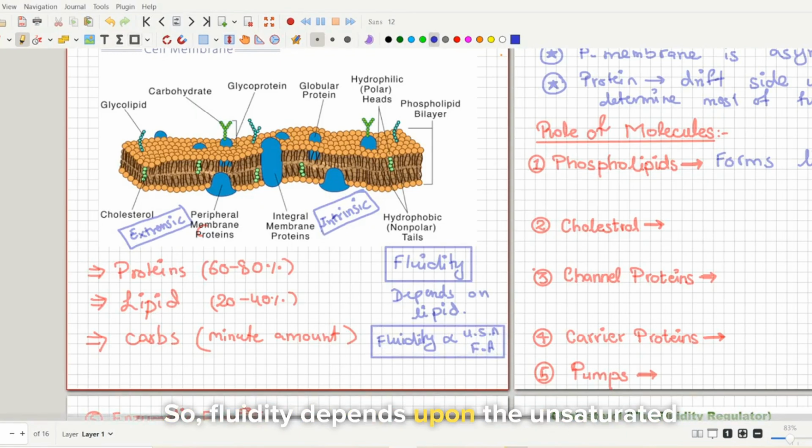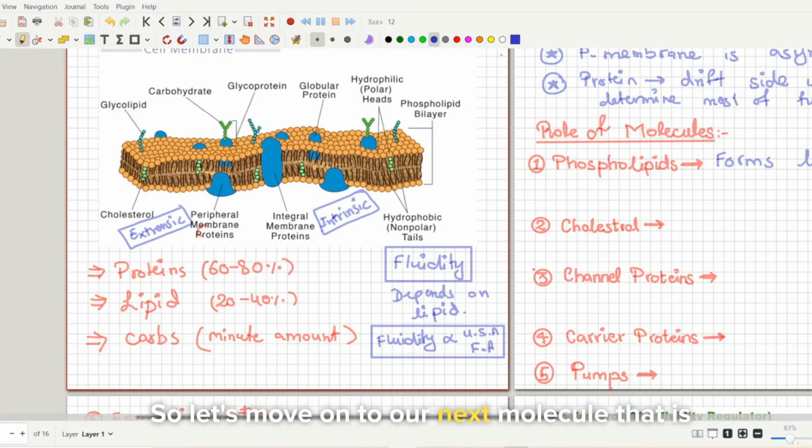So fluidity depends upon the unsaturated fatty acid. The more unsaturated the fatty acid is, the more fluid it will be, because it will have double bonds in the lipid membrane, and if there are double bonds, the fluidity would be really easy, because double bonds will support the membrane and the membrane would be more fluid than if it is saturated.